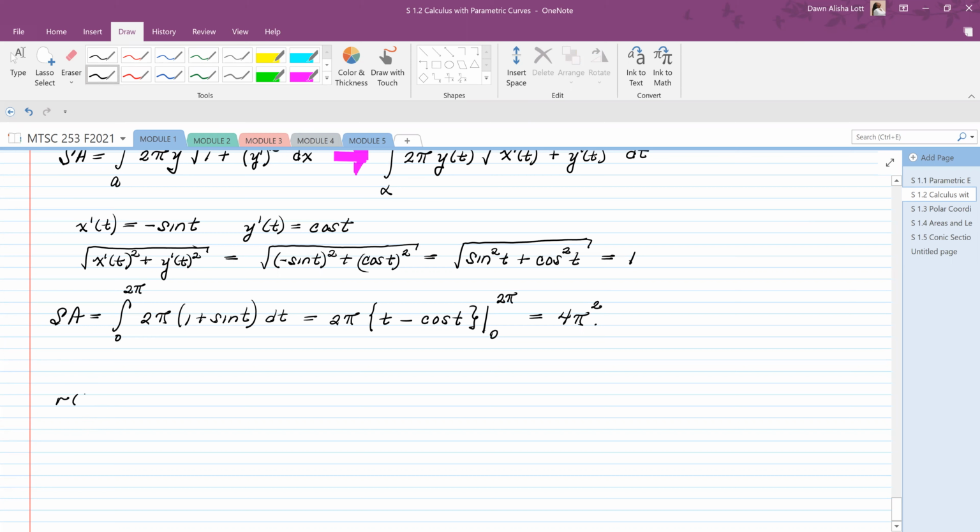When you have the vector parameterization r of t, you can write it as x of t, y of t, and if there's a third part in 3D, it would be x of t, y of t, z of t. But we're not talking about this yet. So I took out anything that definitely had a z of t. So you shouldn't have any problems with that. Am I right?